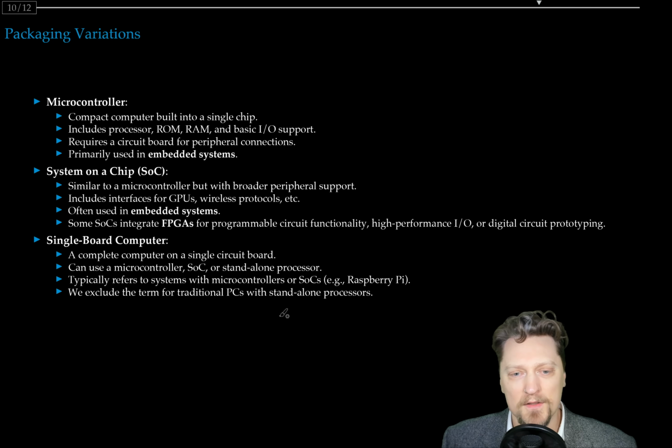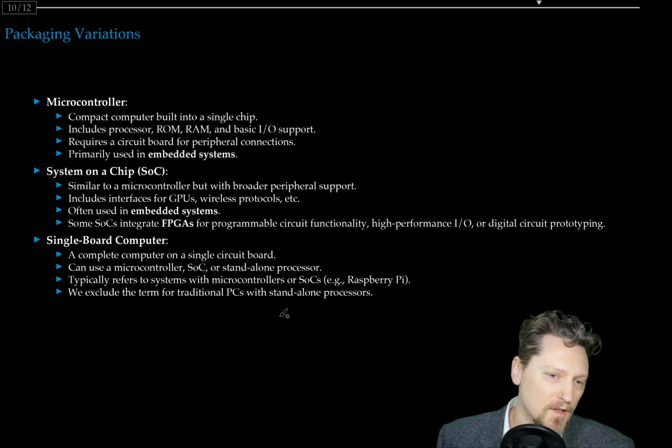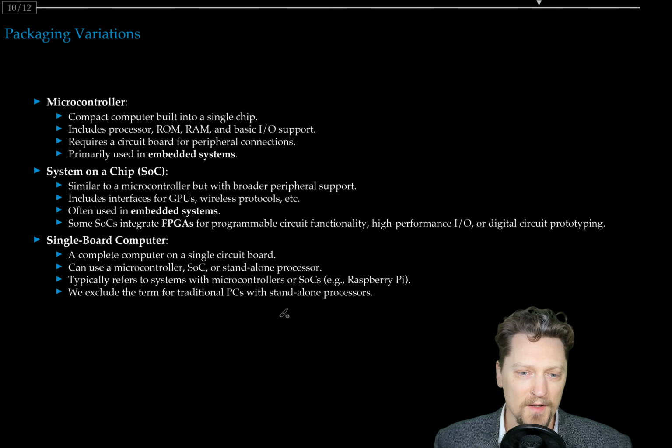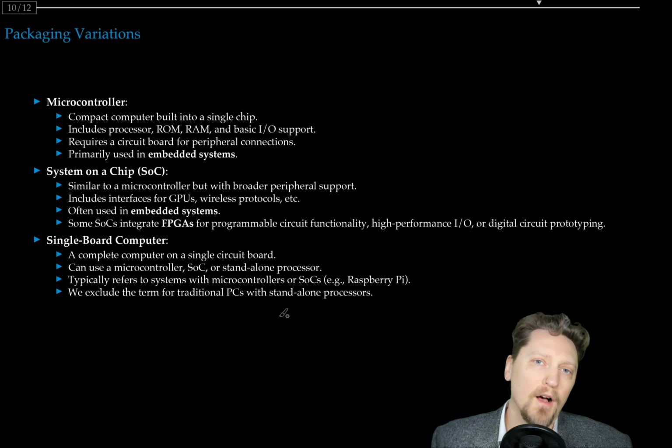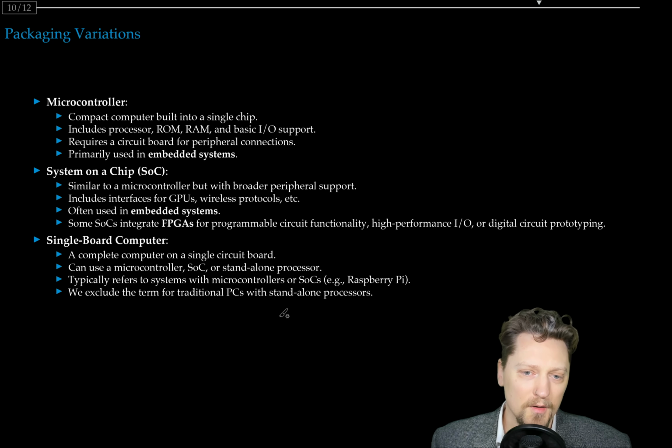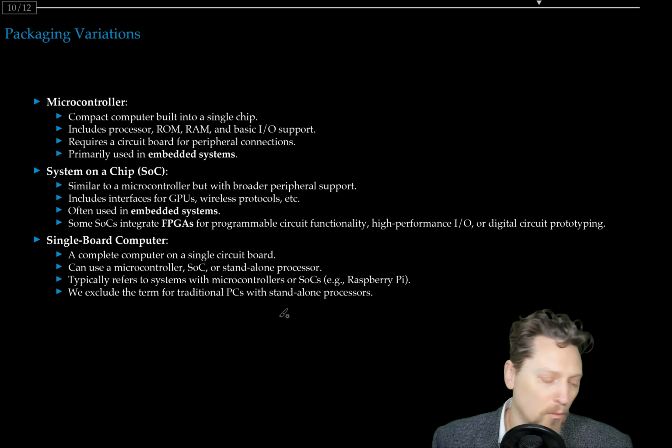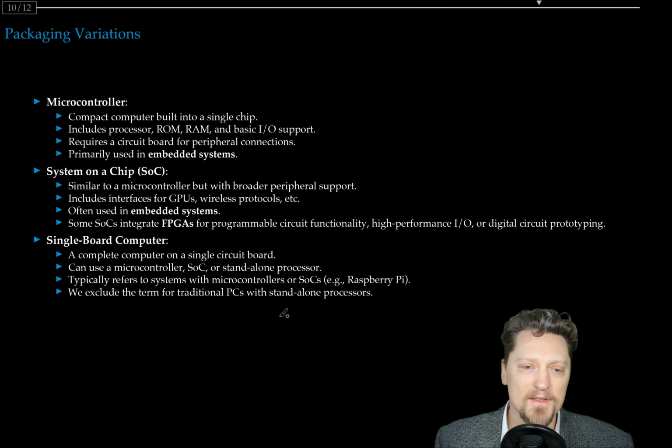We're going to exclude the term for traditional PCs with standalone processors. So a single board computer is one that has either an SoC or a microcontroller on it and functions as a standalone computer on one circuit board. That's our single board computer definition.